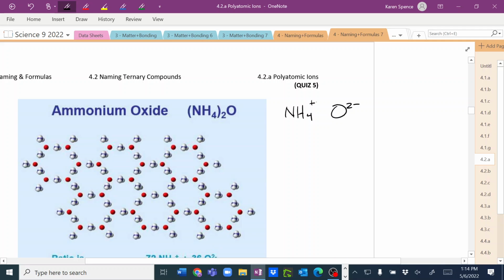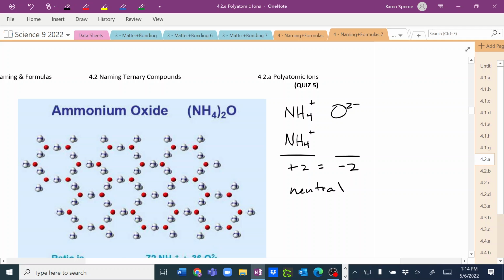But remember, we need our compound to be neutral. How can we make it neutral if we have an oxygen and an ammonium? What do we need? We need another ammonium. Yes, because that's going to give us a +2 charge, which will balance out the -2 charge, which gives us a neutral compound.